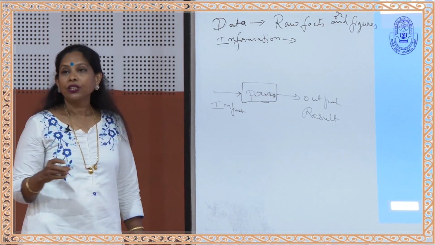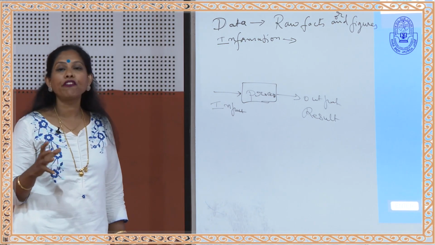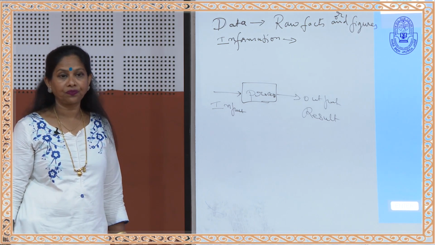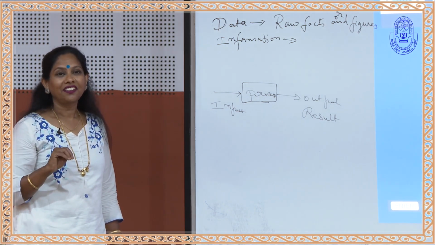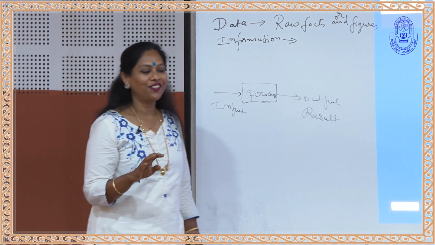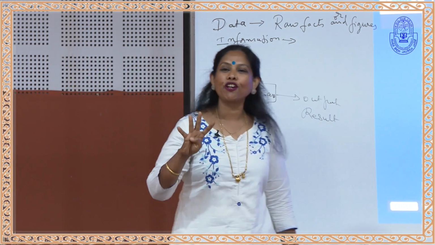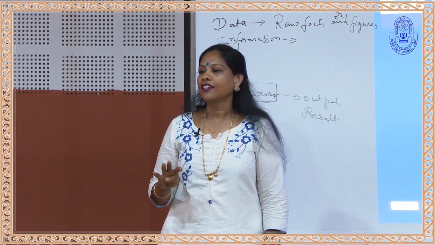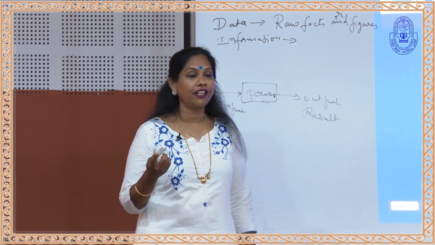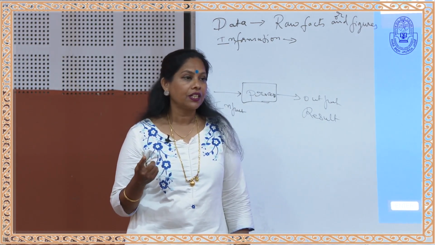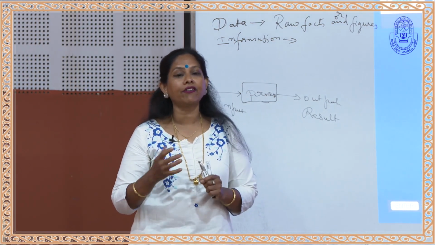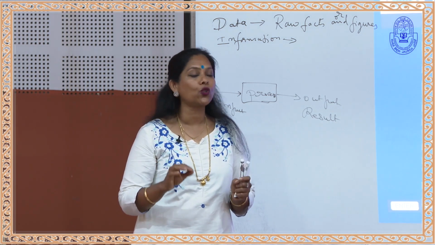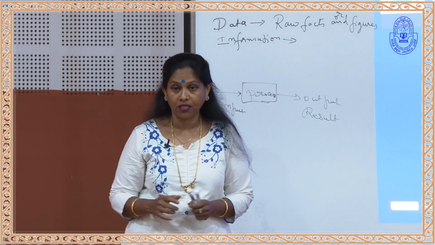Now how many types of data are there? There are 4 types of data. See, you are all preparing for competitive exams. If you know the definition of data, however they twist the question, you will be able to select the precise answer.